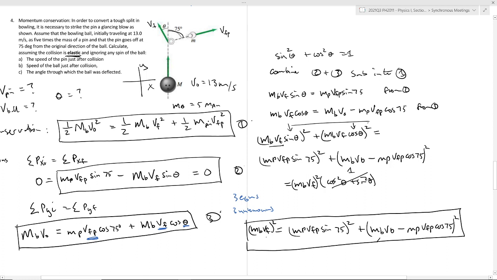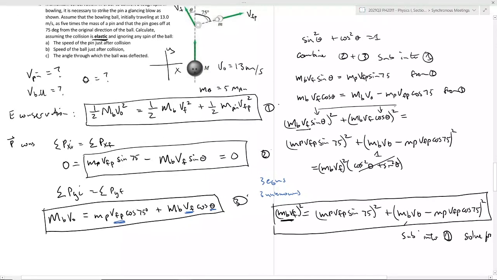Let's substitute this into 1, and that'll let us eliminate v final of the ball and then solve for vfp. So sub into 1, solve for vfp.